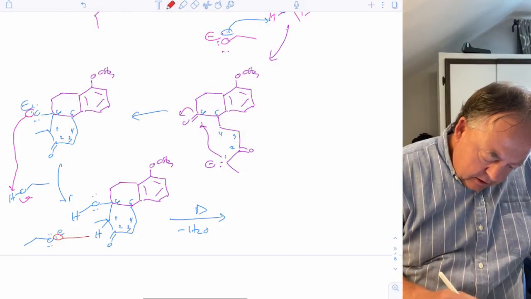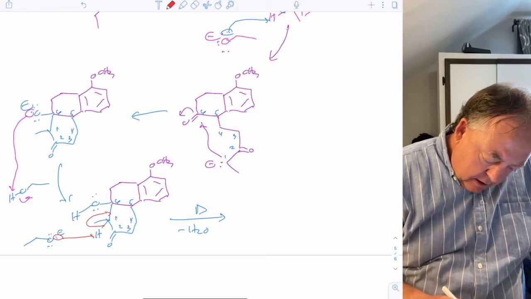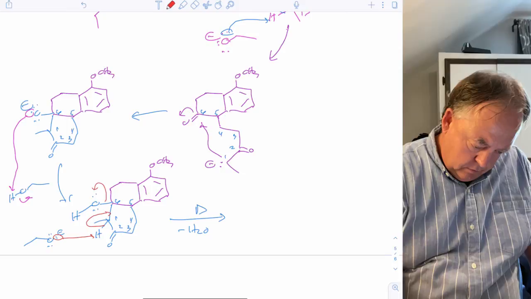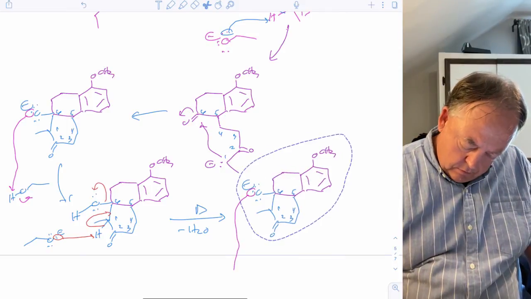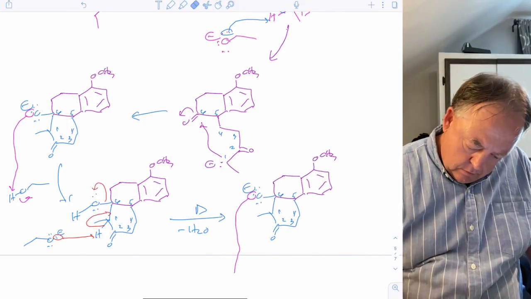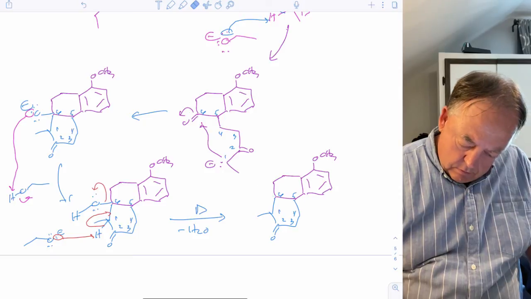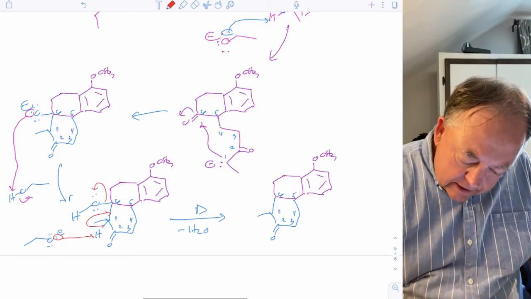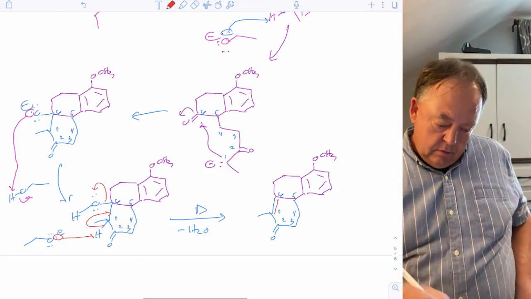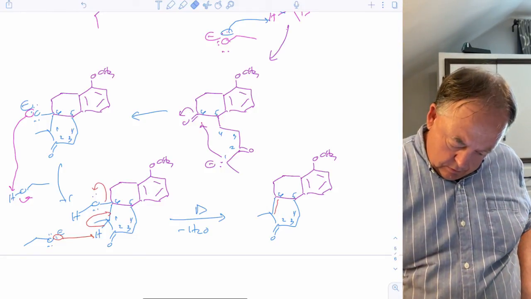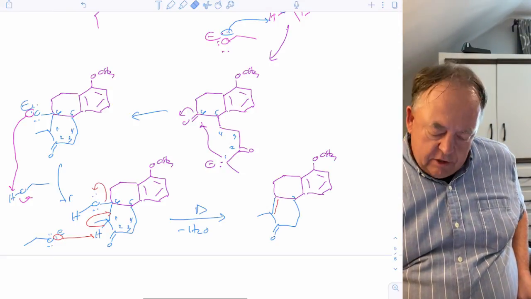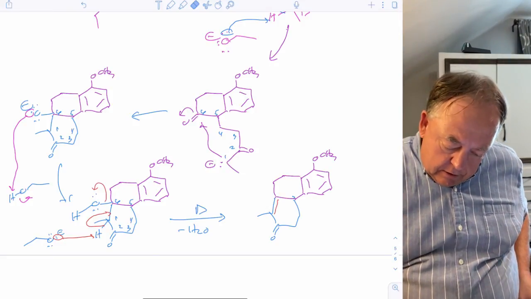So that takes this hydrogen, those electrons go there, and that comes off. So now the double bond is between carbon 1 and 6, right? So that would be your final product. So that would be the aldol condensation product.